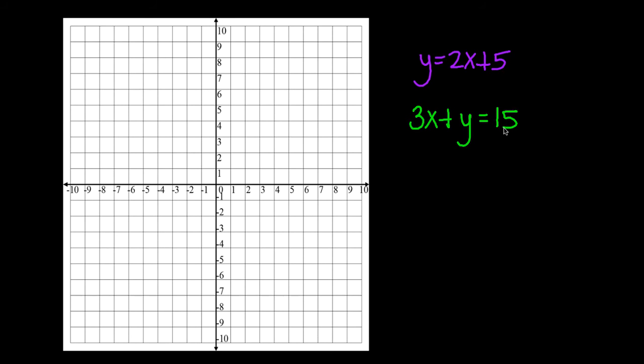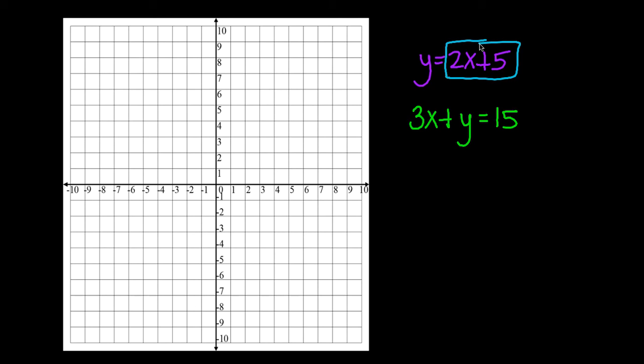So the substitution method is really pretty easy to use, and it looks something like this. I have an equation that tells me that y is equal to 2x plus 5. So there's some combination of x and y that will make that equation true. In fact, there's an infinite number of combinations that will make that true.